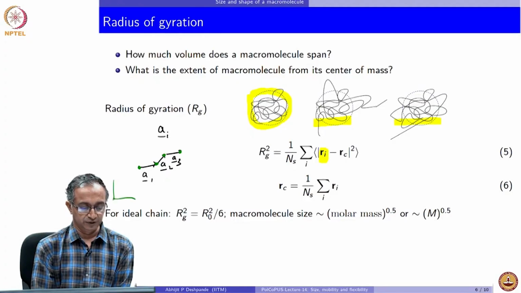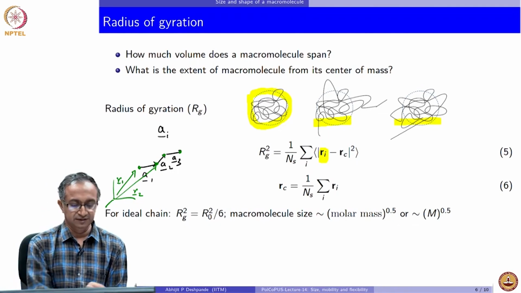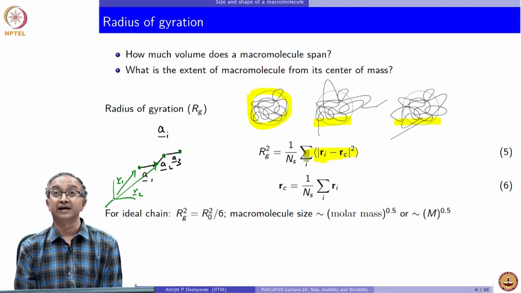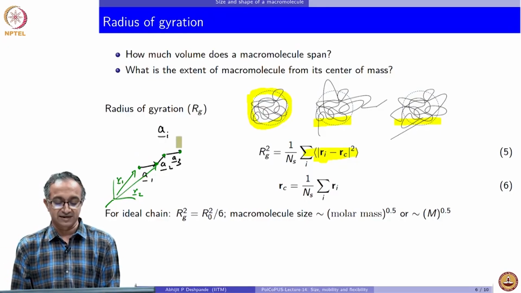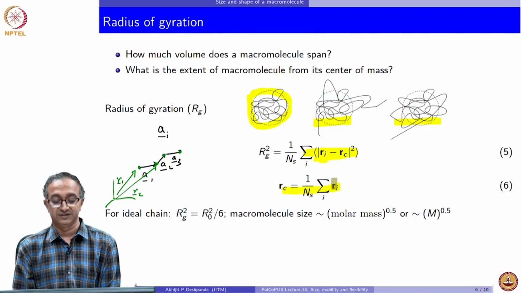So if we have origin somewhere, then this is R1 and this is R2 and so on. So we can define the radius of gyration as again an ensemble average of how the position of each and every first, second, third, fourth atom is with respect to the center of mass, and RC is the center of mass.